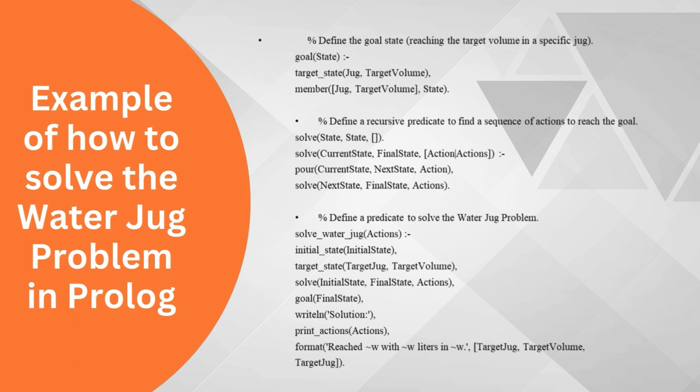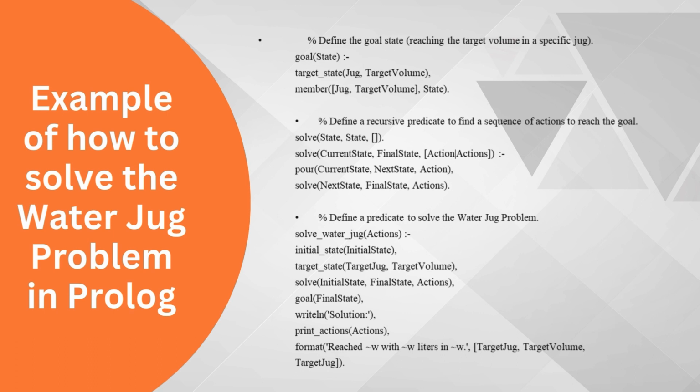Next step is to define a predicate to solve the water jug problem. Solve water jug actions, which implies initial state, target state in brackets (target jug, target volume), solve(initial state, final state, actions), which defines the goal final state.